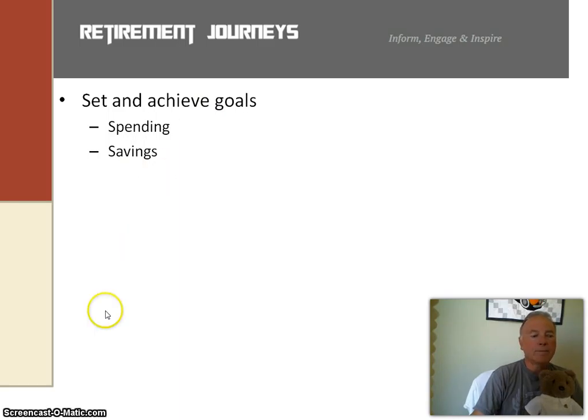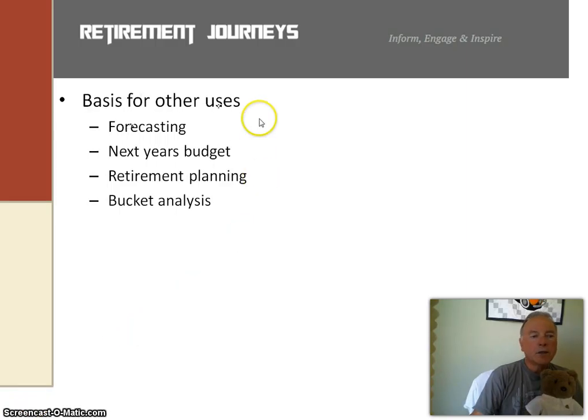So don't overlook this as one of the good reasons for having your budget and how to use your budget. And next, your budget is the basis for some other uses, specifically forecasting, which we're going to talk about in part 5. It's a foundation for next year's budget, and the time that it takes to do your budget after the first time you've gone through it is reduced because you've got your current budget and all the information contained therein.